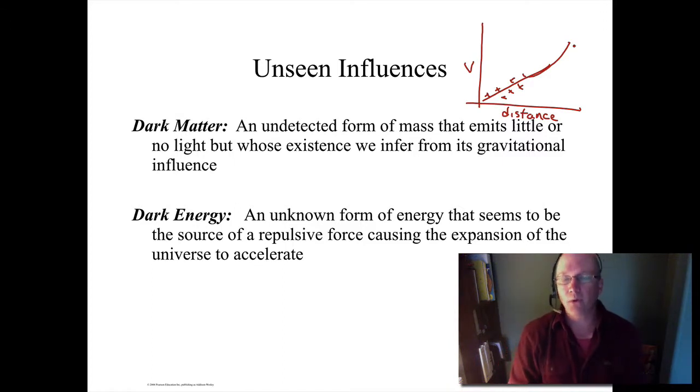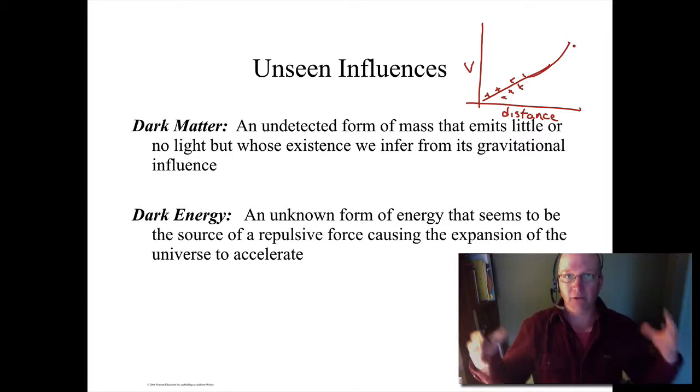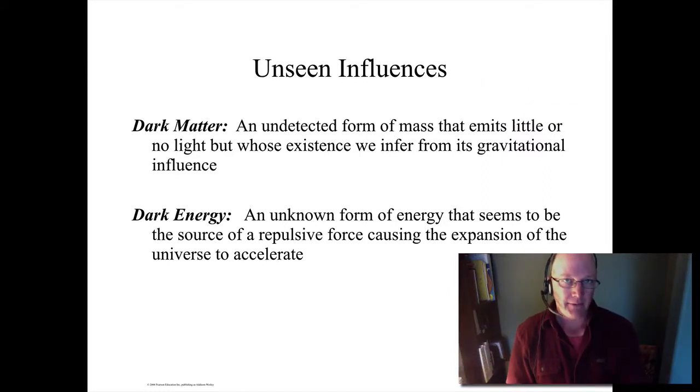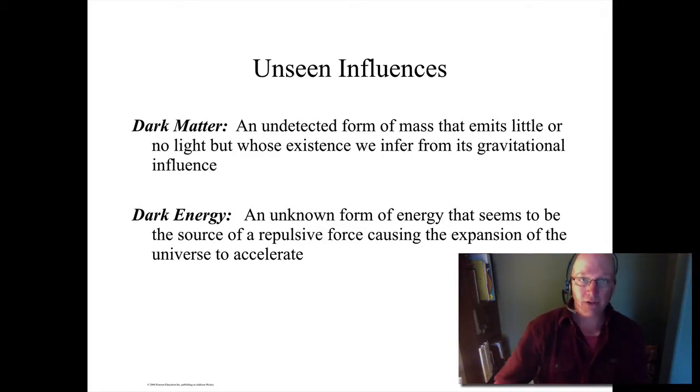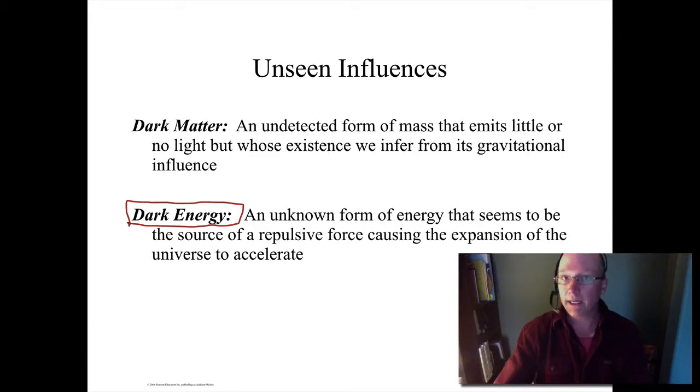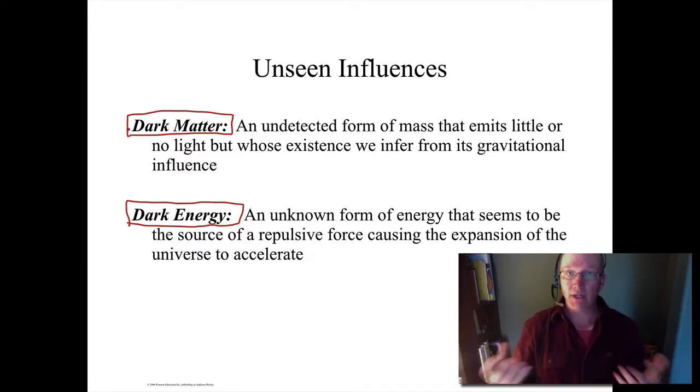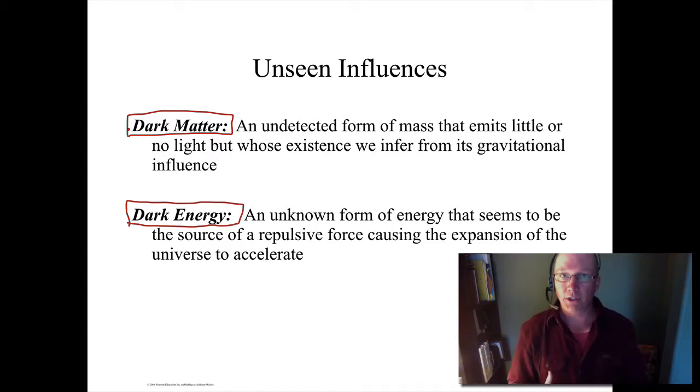So there's a force of the expansion of the universe that's changing and pushing the universe apart faster and faster and faster. This is due to the energy density within the universe, what we call dark energy. Now again, this is something that we don't really know what it is, but it's required in order to make the observations that we see match with our theory of the origin of the universe.